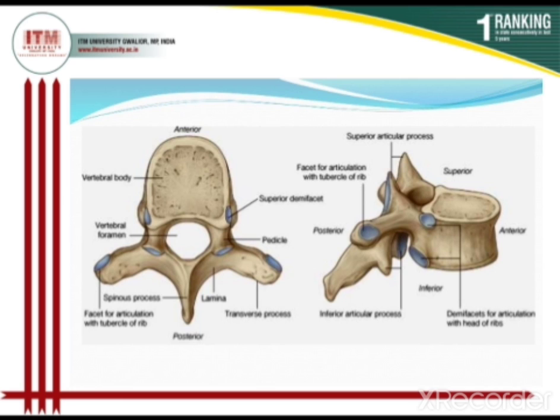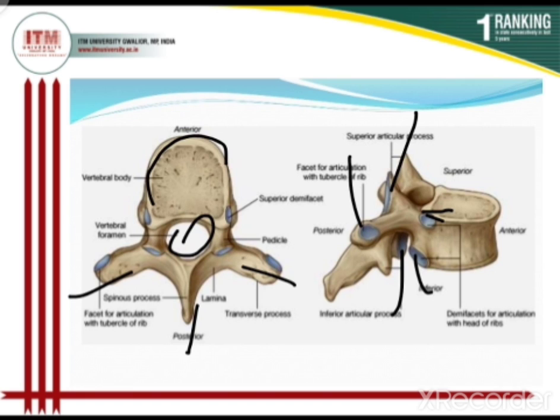And there is a facet for articulation with the tubercle of the rib here. These are the transverse processes on both sides, the spinous process, the vertebral canal and the body of the vertebra. This is again shown in the lateral view and the superior view.